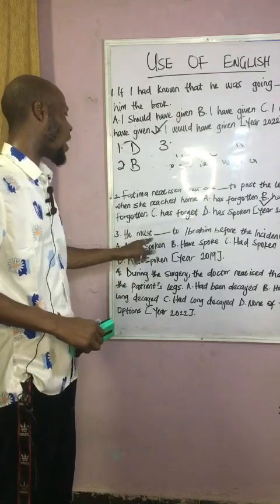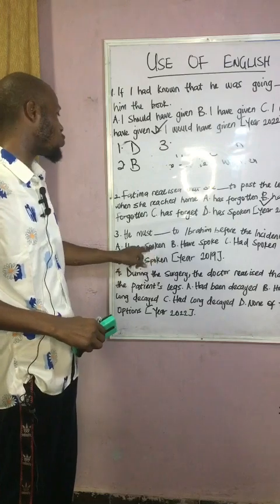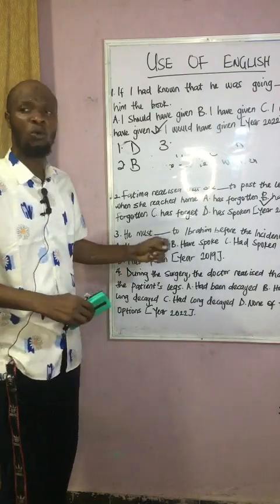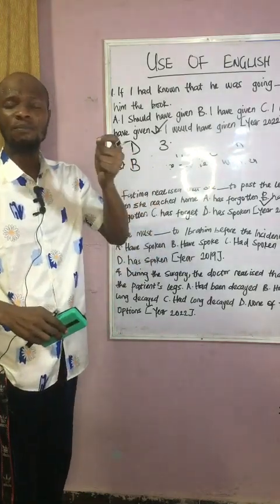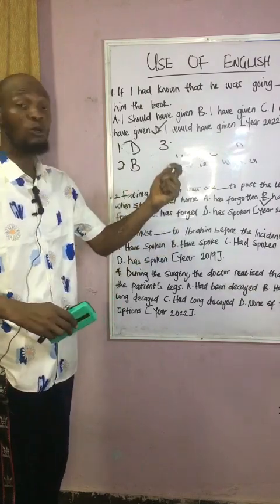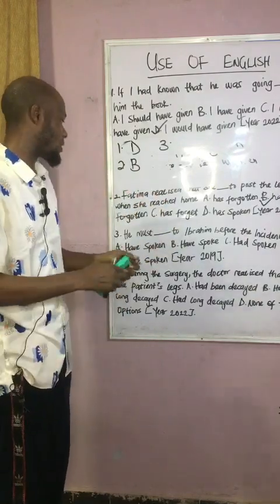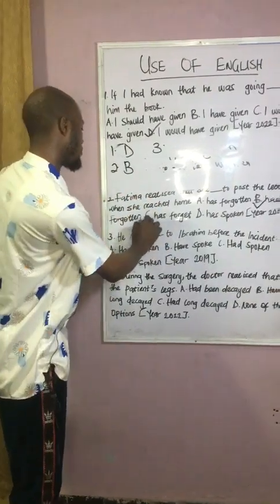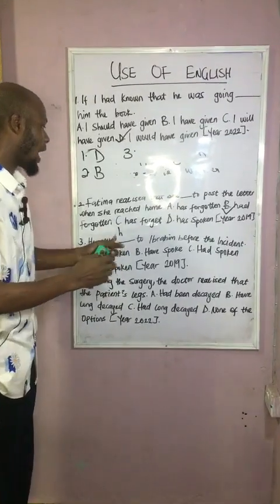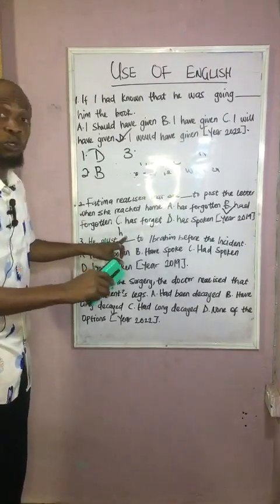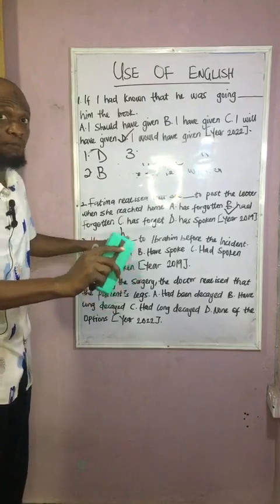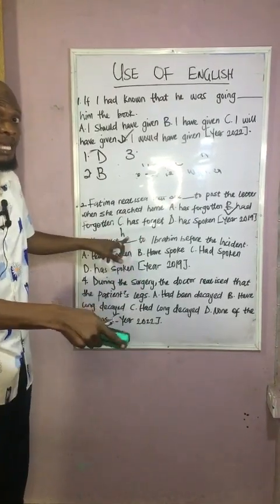Must here warrants that this particular option should be followed by what? It should be followed by a plural verb. He must have. After have, the next verb should be what? Past participle. Speak, present tense.